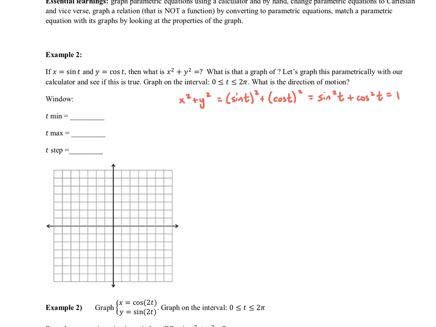And so in this case, what do you think of in terms of a graph? I hope that you're thinking of a circle. And so I'm just going to draw out a table really quickly and show you that we do in fact get a circle when we were to graph this. I'm going to set up the table really quickly, and then I'll pause, and you can try this on your own.